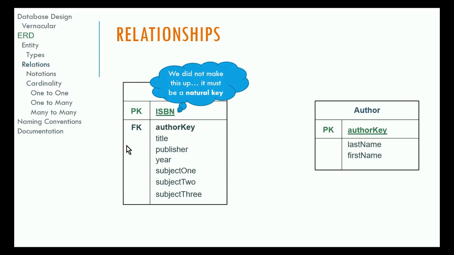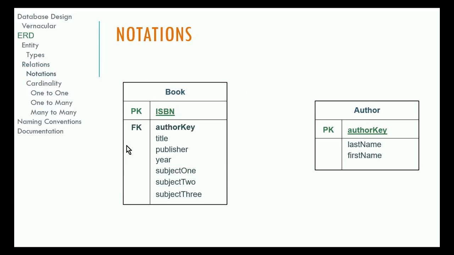So anytime you have an attribute that we don't make up, but yet uniquely identifies an entity, that's a natural key. On the other hand, in the other table, I made up that key, author key. That's the primary key. It uniquely identifies an author, but there isn't anything inherently unique about an author, so I had to make something up. So that is a surrogate key. It's a good example of a surrogate key.